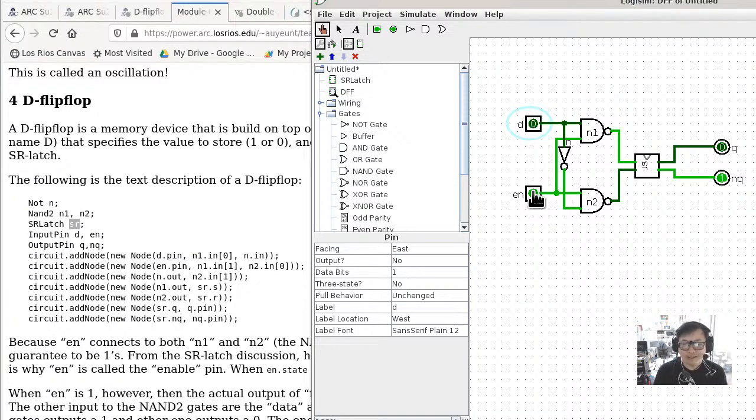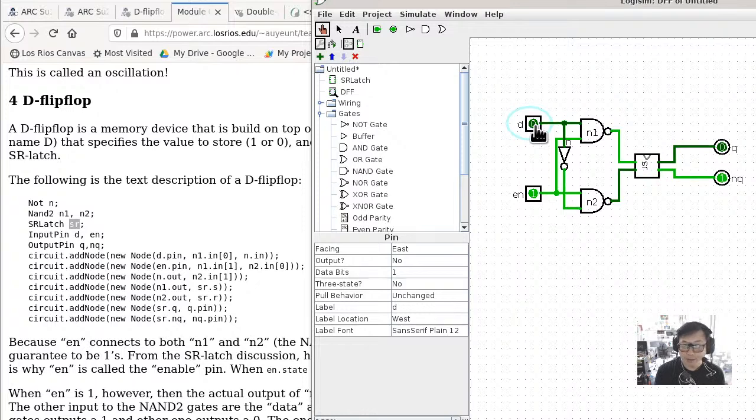So if En is a 0, we're telling the D flip-flop to ignore the D input and not remember anything it sees on the D pin because it is not enabled. But as long as En is a 1, we are telling the D flip-flop to mirror its output to the D pin.